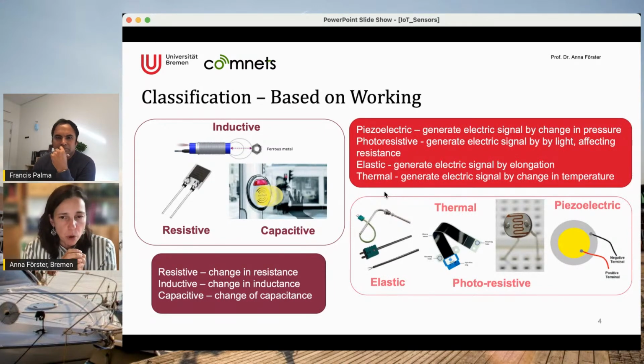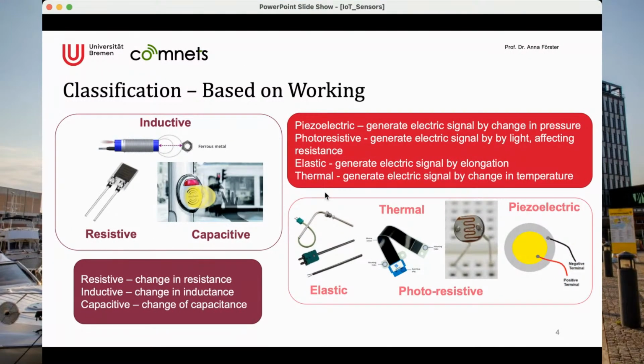Others which are very popular, which are not based on power and electricity, are, for example, elastic ones, where elasticity will change, or thermal ones, or photoresistive ones, or piezoelectric. Piezoelectric is the one which generates an electric signal by changing the pressure.